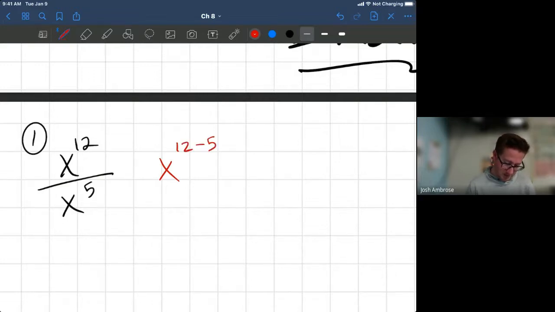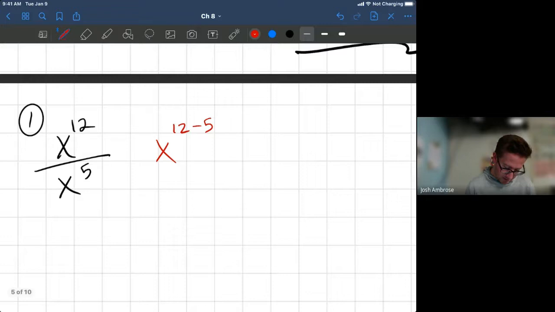When I say top, I mean top exponent minus the bottom exponent, 12 minus 5, and then simplifying this to just x to the power of 7.